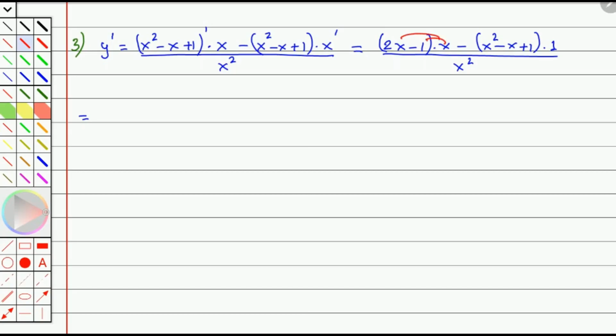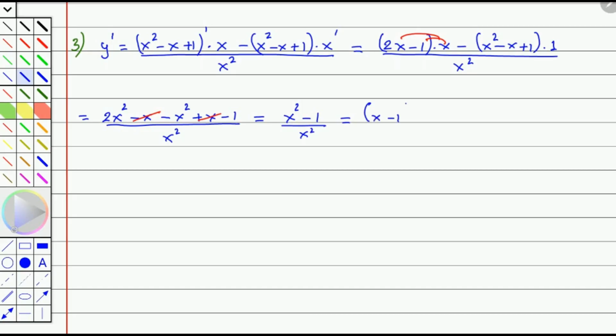We can expand the brackets because we cannot factorize at this stage. So 2x squared minus x squared plus x minus 1 over x squared. We are left with x squared minus 1 over x squared, which is a difference of squares, so we can say (x minus 1) times (x plus 1) over x squared, and this is equal to 0.